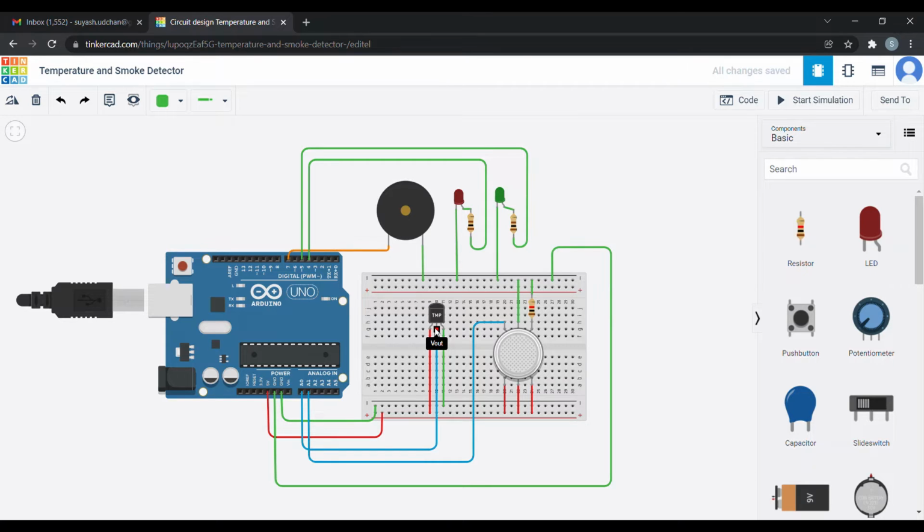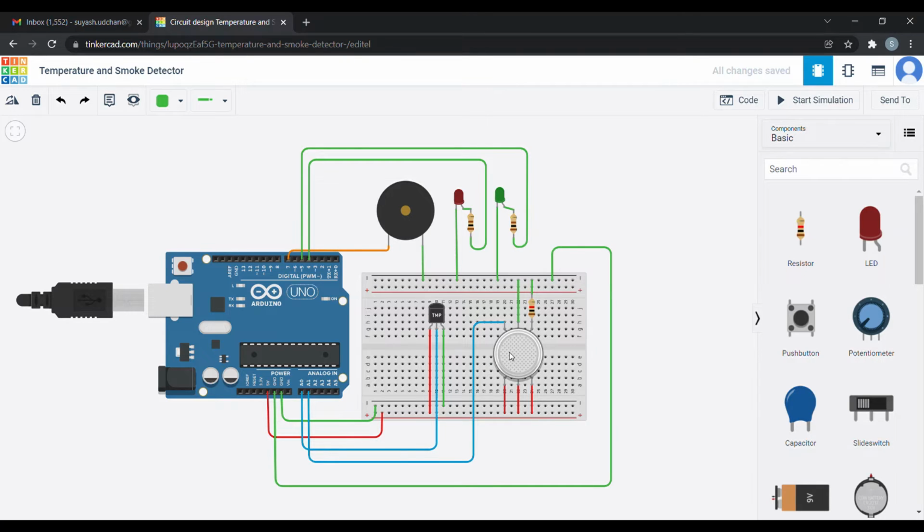We have connected it to pin A0, which is an analog pin on the Arduino Uno board, and the other terminals are the power terminal, which we have connected to VCC, and another to ground.